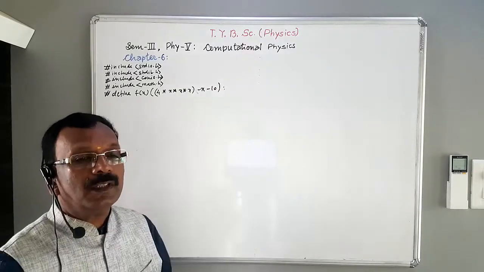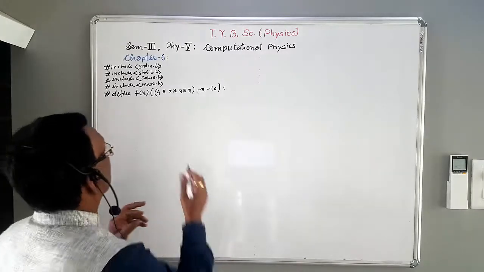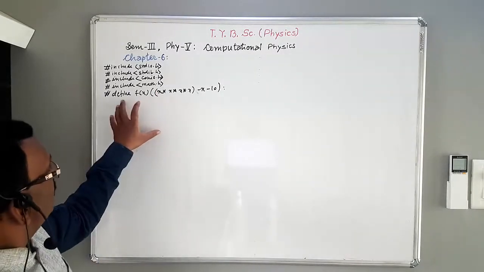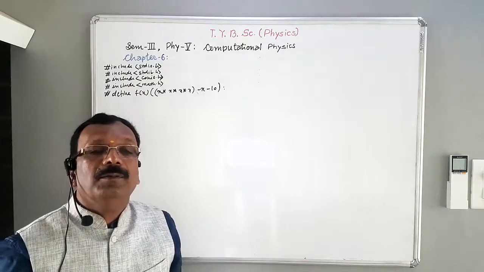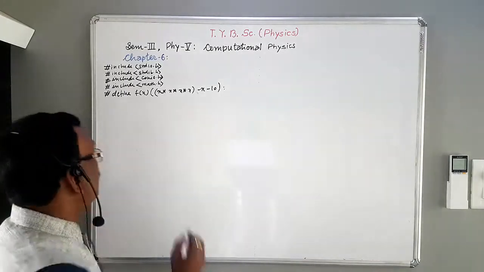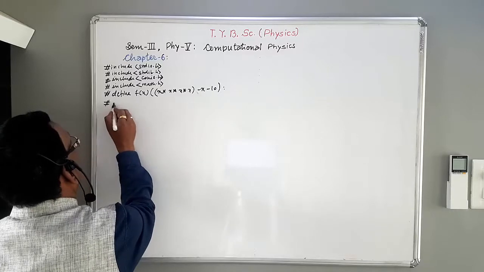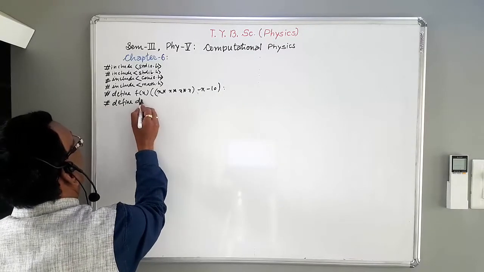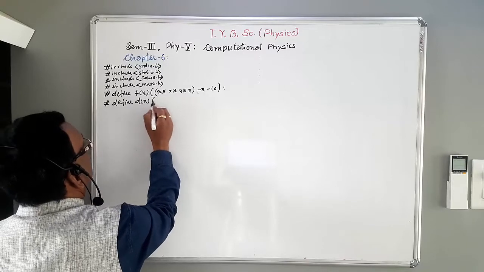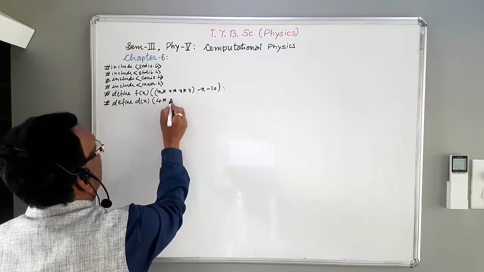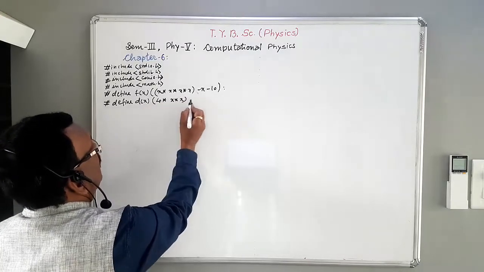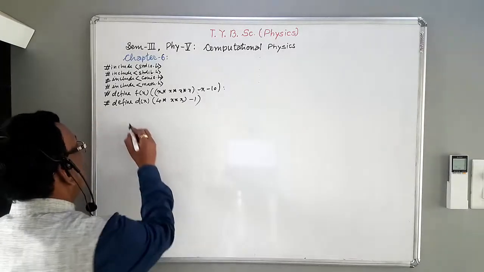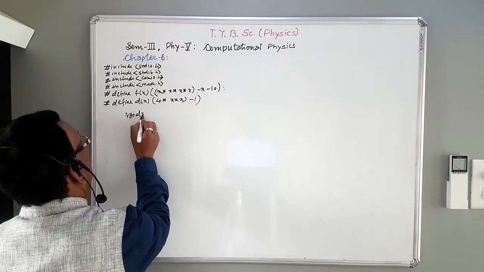Okay. The same function is defined in bisection method also. Now here again we have to define one more function for the derivative, that is d of x is equal to 4 into x minus 1. Okay. Then as usual void main.